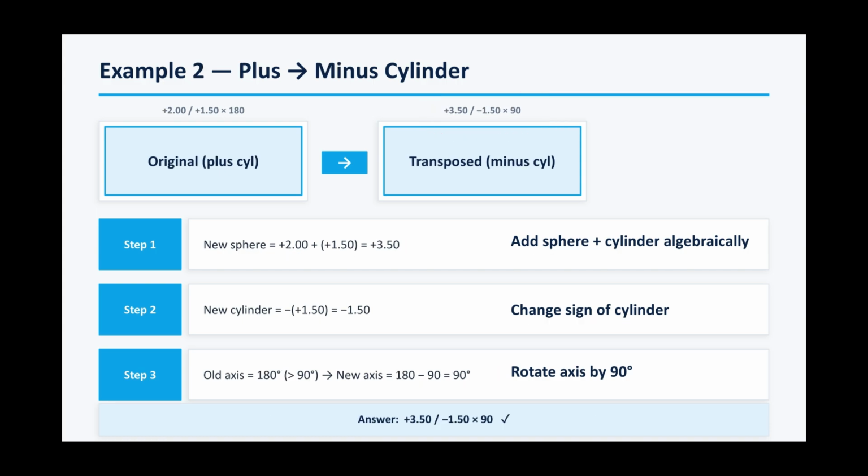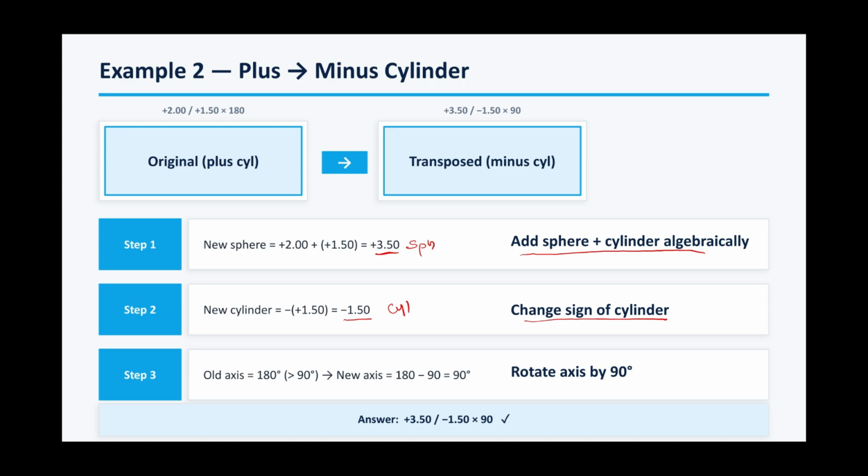So let's see another example. Here the sphere is plus: the prescription is +2 plus 1.5 at 180. Again, the first step is to add sphere and cylinder algebraically. +2 plus 1.5 gives +3.5, which is the value of the new sphere. Change the sign of the cylinder, so instead of +1.5, our new cylinder is -1.5.